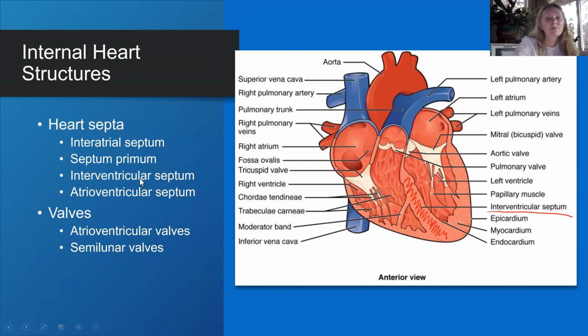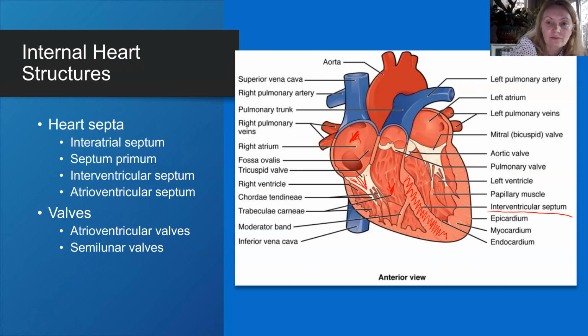ventricle. Septum primum, the primum means something at the beginning. So that was the beginning of the septum that separates the atria during embryonic development. And the atrioventricular septum, it's not this one, because if you look at this right atrium, and this is the right ventricle over here, there is no septum between them.